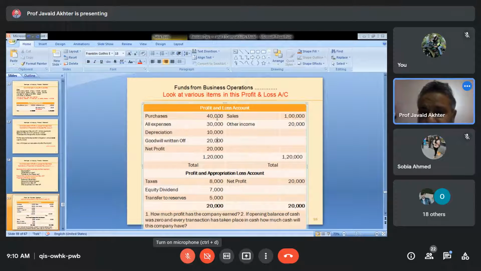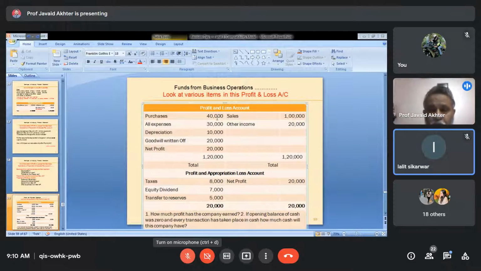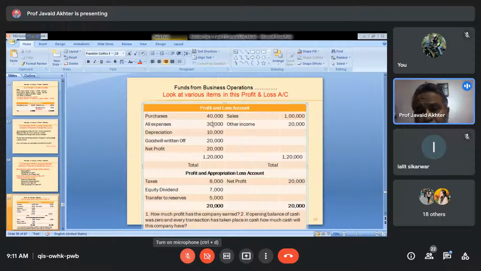Any answer? 50,000. That is the correct answer. Why 50,000? Because you received 100 and 20, in all you have cash of 120. From this, you paid 40 for purchases and 30 for all expenses. So 50 remains.